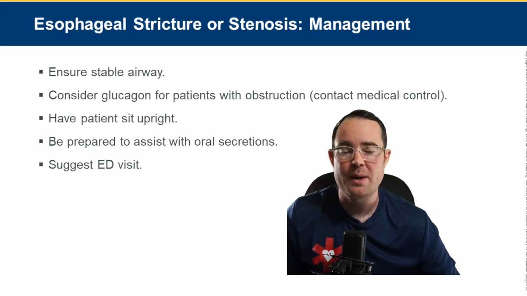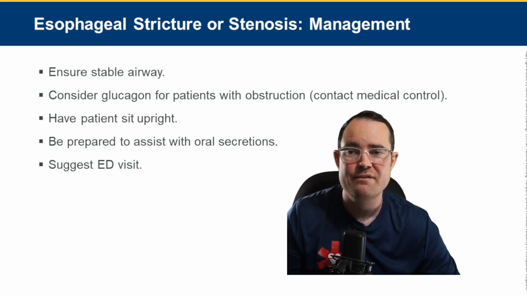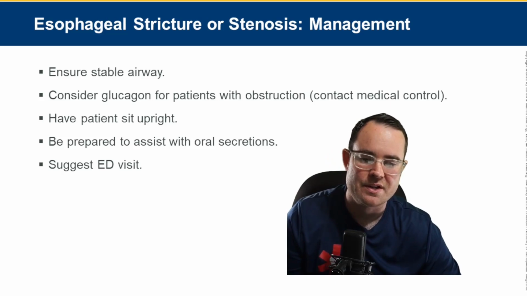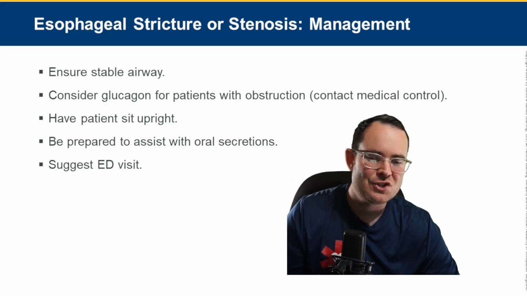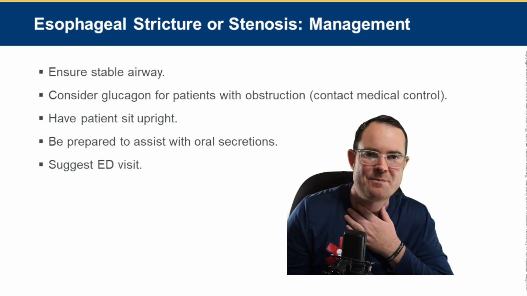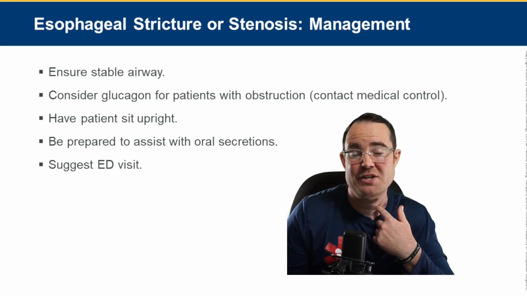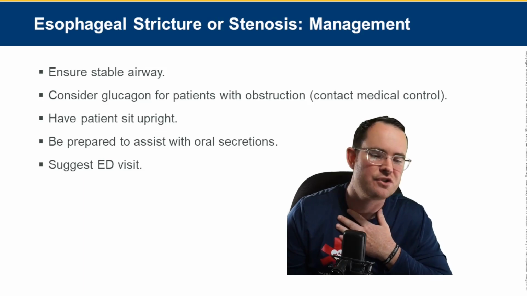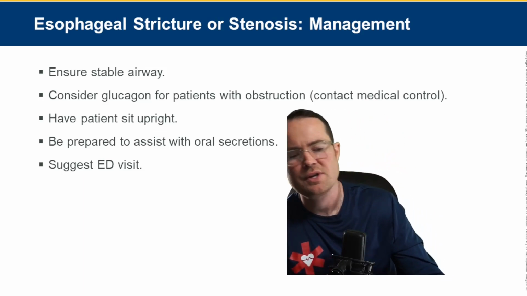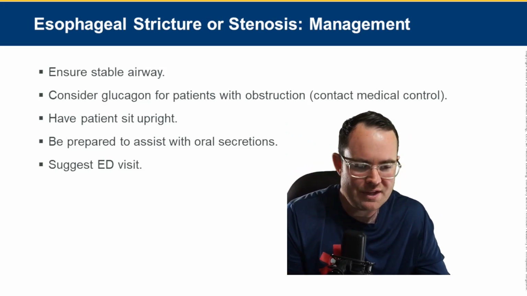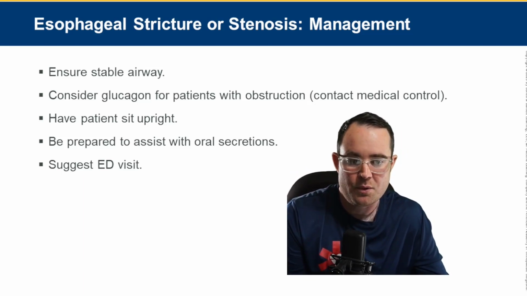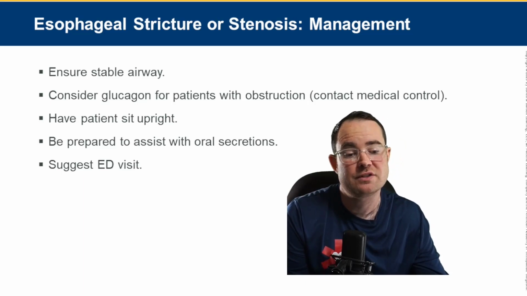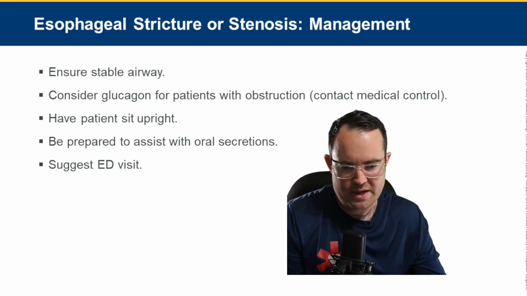Just know that 1 milligram of glucagon is going to take a little bit of time for you to start seeing marked increases in that blood sugar, but we can also use it to assist with patients that are choking or have that sensation of choking. Okay, glucagon does help in these patients. Have the patient sit upright, be prepared to assist with oral secretions if they're having difficulty swallowing. Absolutely.